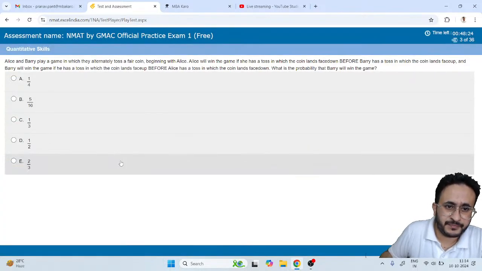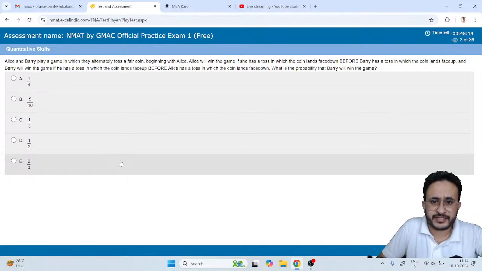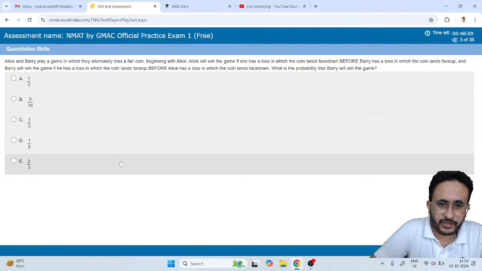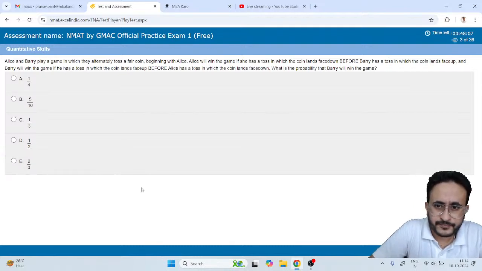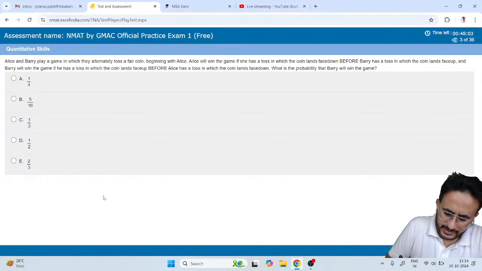Alice and Barry take turns tossing a fair coin, beginning with Alice. Alice wins if the coin lands face up before Barry's toss. We need to find the probability of Barry winning the game. So Alice will have the probability of 1/2 of winning.